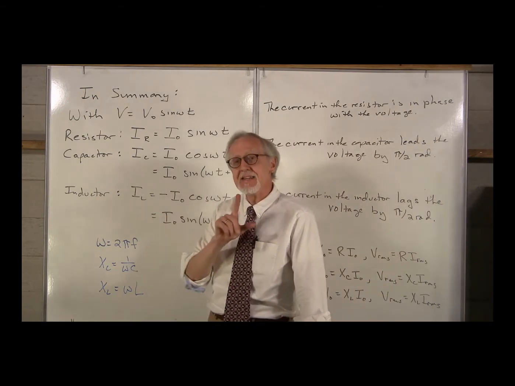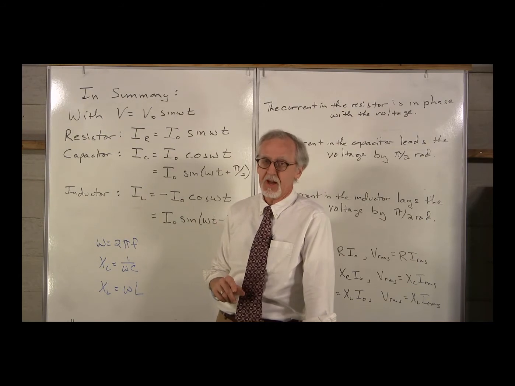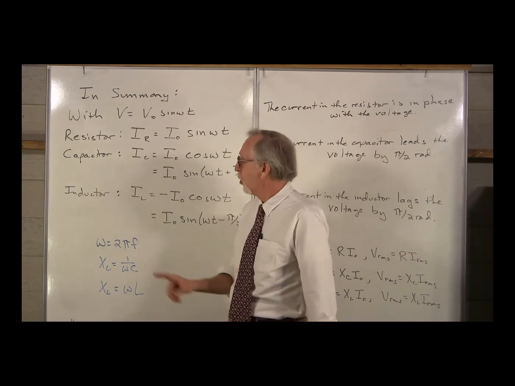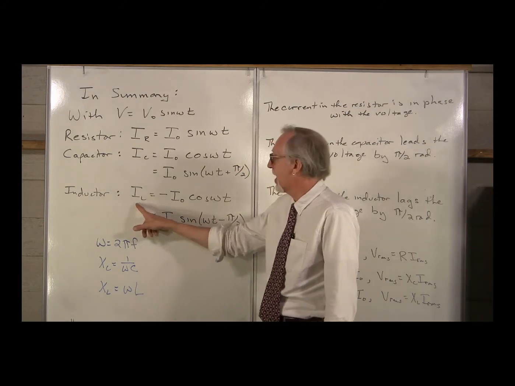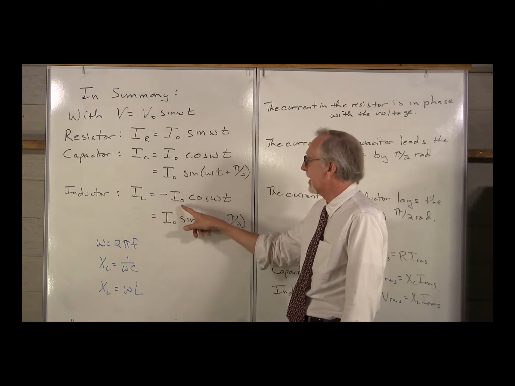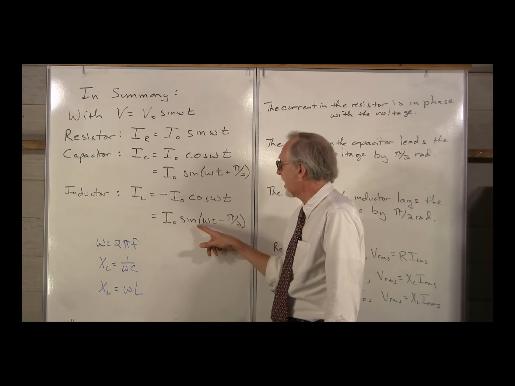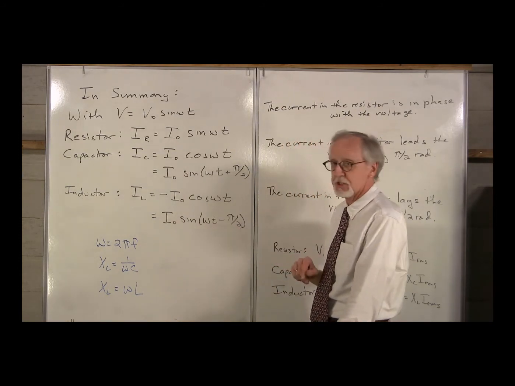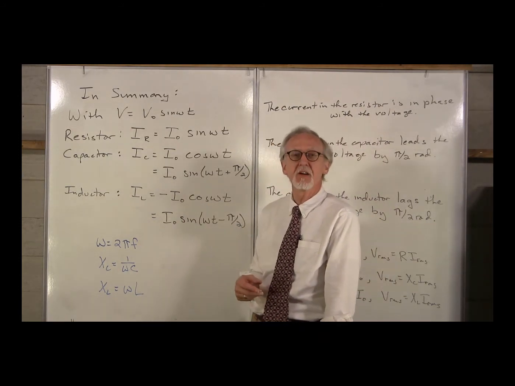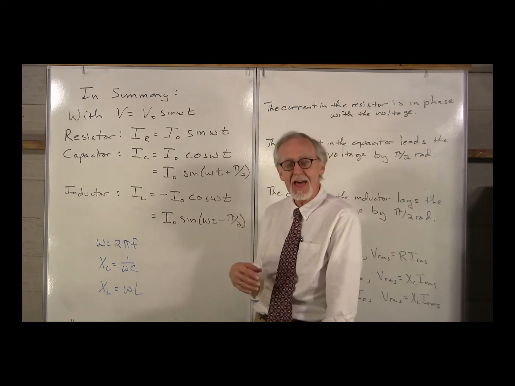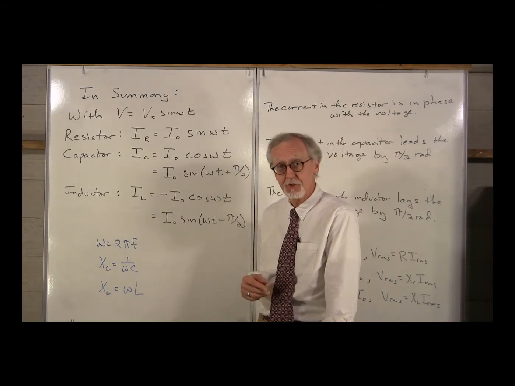If we have an inductor connected to the power supply all by itself, we found that the current in the inductor had a form of minus I naught cos omega t. Or we could write that as I naught sine omega t minus pi over 2, because we saw the current in the inductor was behind or lagged the voltage by pi over 2.